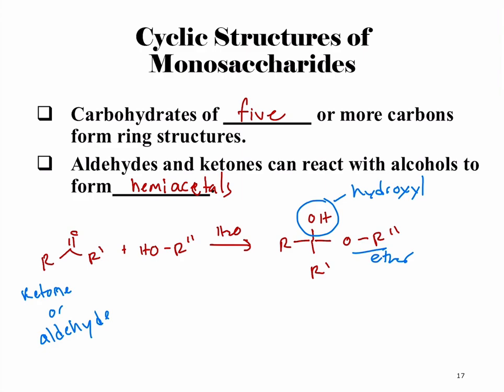And so this happens spontaneously in the presence of water. So in solution, saccharides are going in between their cyclic and their linear structures relatively frequently. Depending on solution conditions, you can push them one way or the other.